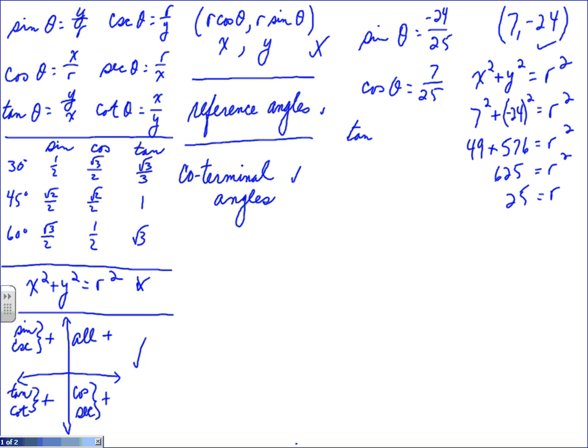Tangent is the y value over the x value. And you notice the positives and negatives take care of themselves. And then the reciprocal functions. Cosecant is 25 over (-24). Secant is 25 over 7. Cotangent is (-7 over 24).